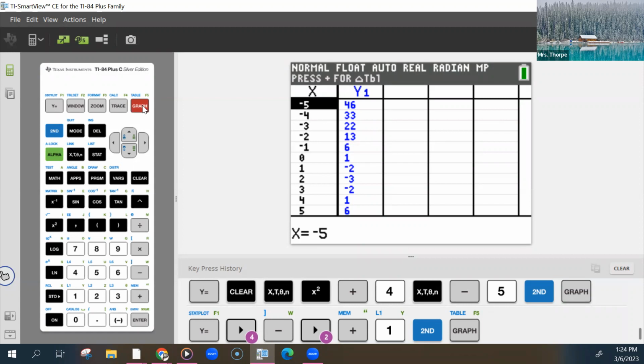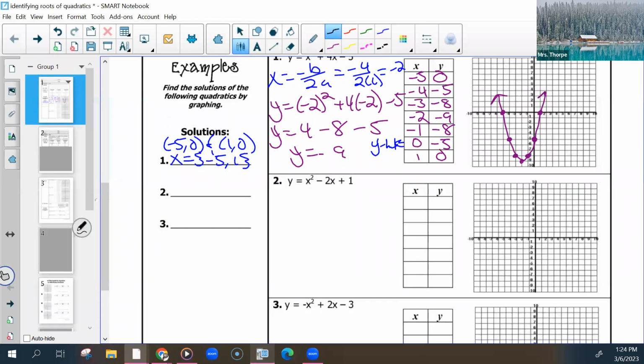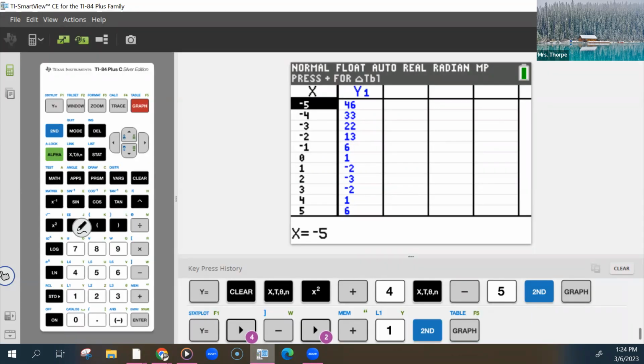Find the point in the middle. 1, 0. 0, 1. No, 0, 1. So that would be our point directly in the middle. You can use your table to fill out the rest of your values.